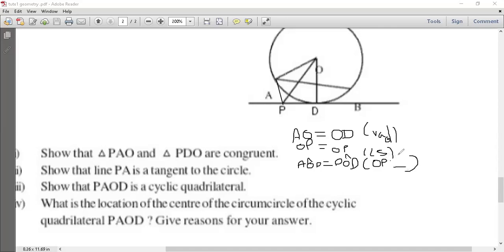So the triangles are congruent due to the SAS condition. You have to write it down.